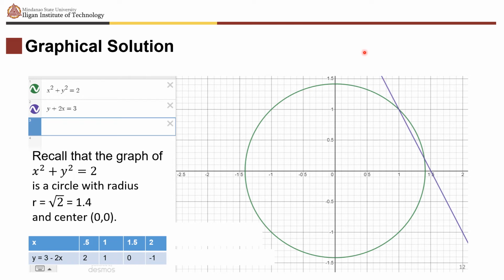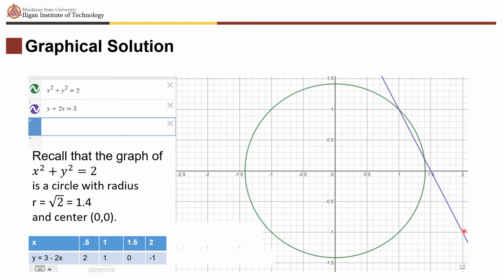When x is equal to 1, y is also equal to 1. When x is equal to 1.5, y is equal to 0. And when x is equal to 2, y is equal to negative 1.